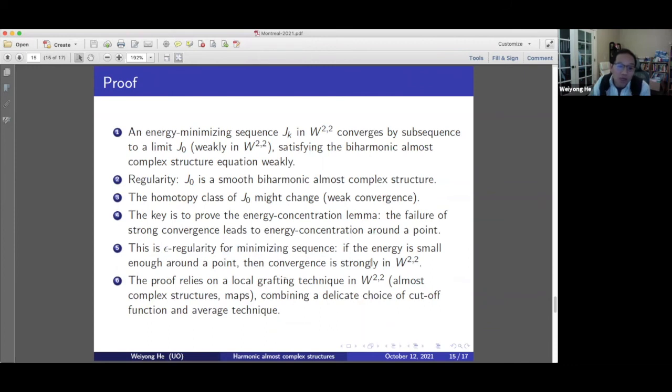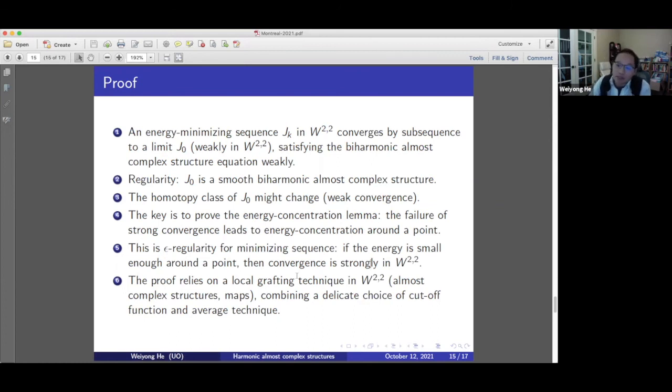The proof relies on a local grafting technique in W^{2,2}. This result was not known analytically in the harmonic or biharmonic setting. The essential point is that this comparison technique was already shown in Uhlenbeck's paper.